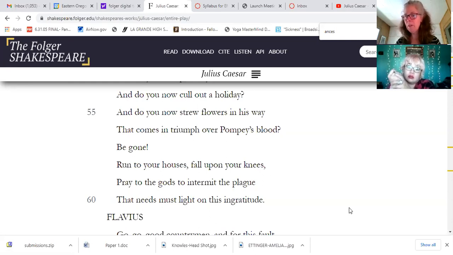And so you can tell that there's some political division in the Republic at this moment. Some people are still clinging to the Pompey side of the fight, and other people are happy to see Caesar take power.